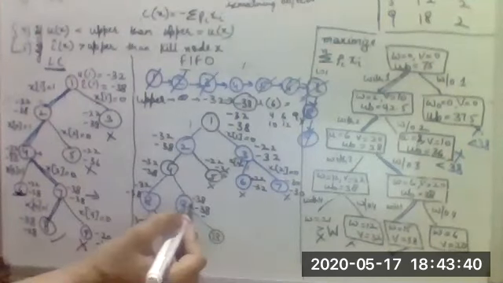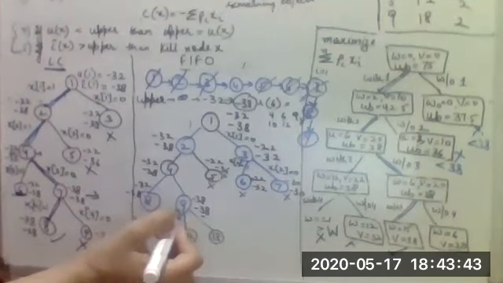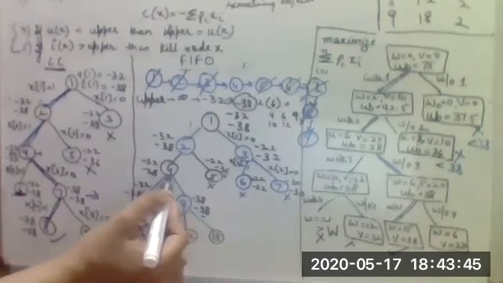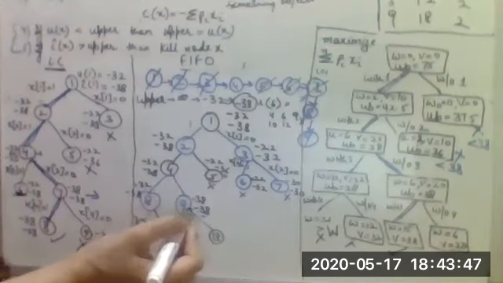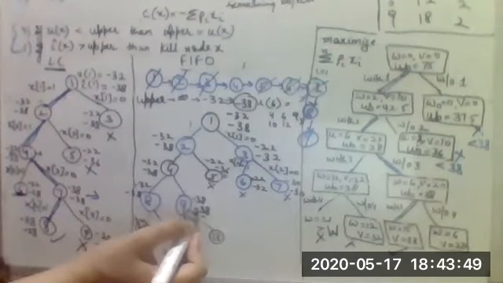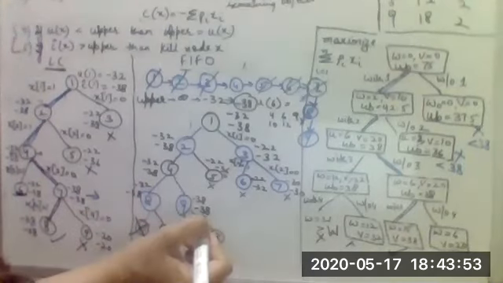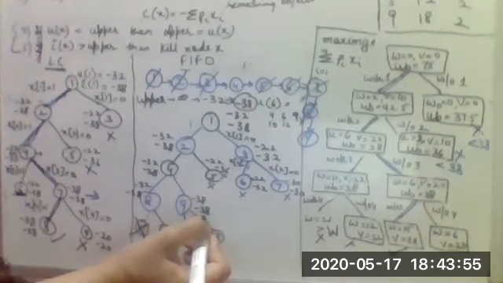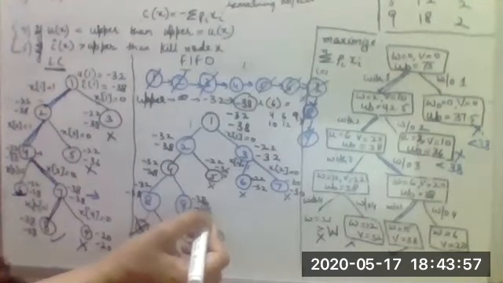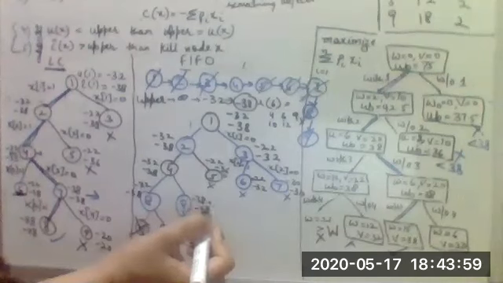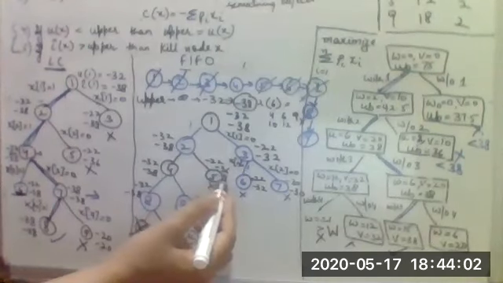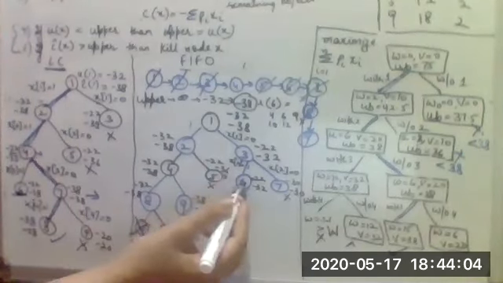Because when we generated nodes 8 and 9 from node 4, the value here is minus 38 and minus 38, as we have done here. So this value will now be your new upper value, the U value, and it is compared with the Cx of the other nodes.